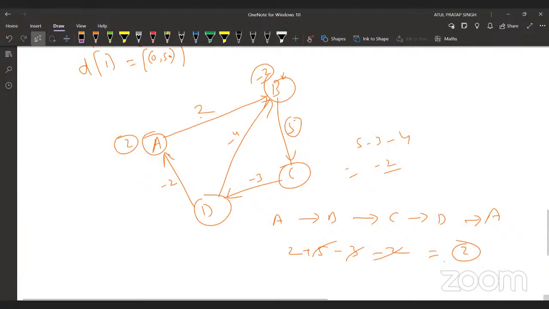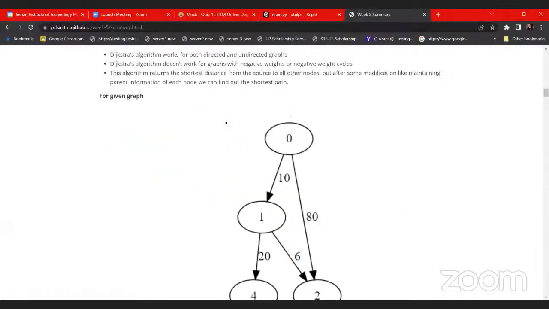So Dijkstra's algorithm doesn't work for graphs with negative weights as well as negative weight cycles. In some cases it may return the correct answer, but not always. If it is not returning the correct answer in all cases, we can say that it doesn't work.